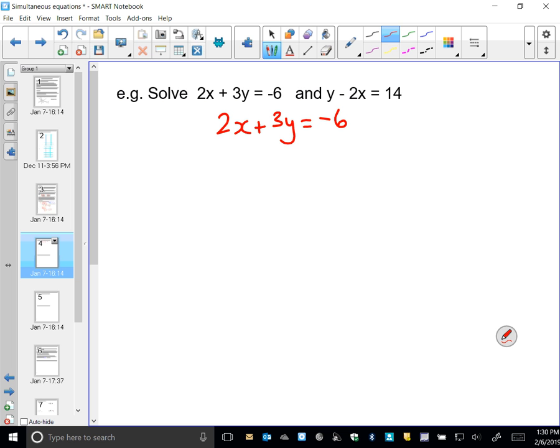Because my second equation says y subtract 2x equals 14, I'm actually going to rearrange that. So what would I start off with? -2x plus y equals 14. So this second one here is just a rearrangement of this one here.